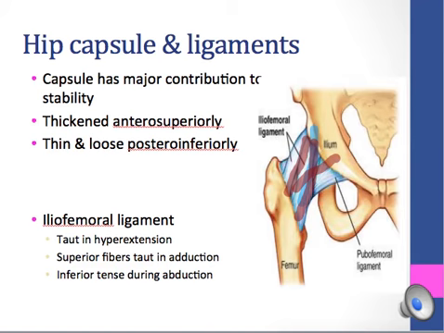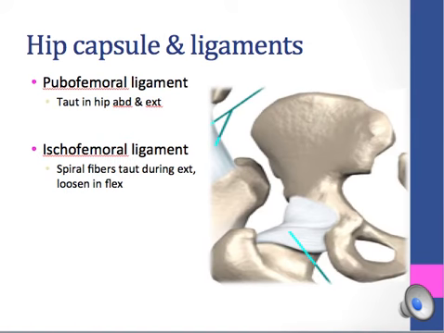The superior fibers help us check adduction, and the inferior fibers help us check abduction. Makes sense how they're orientated, so it's not something you need to memorize straight away. If you can visualize the orientation of those fibers, it will help you with the role of what they are for.